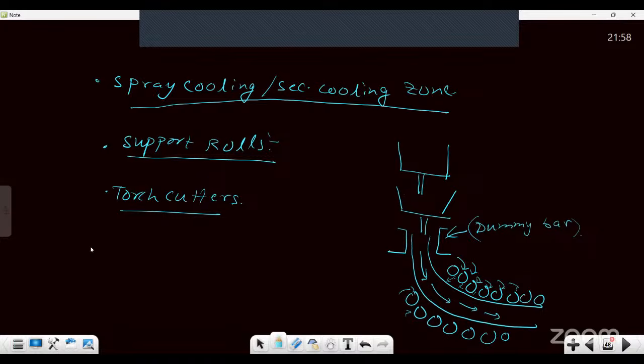And apart from that, another very important thing is our mold flux. Mold flux is nothing but casting powders.